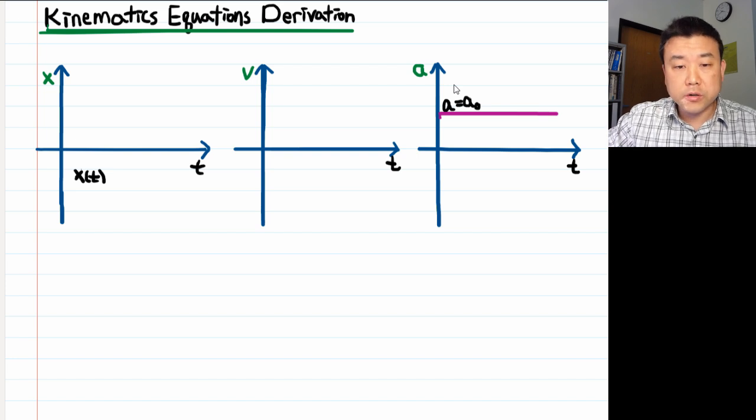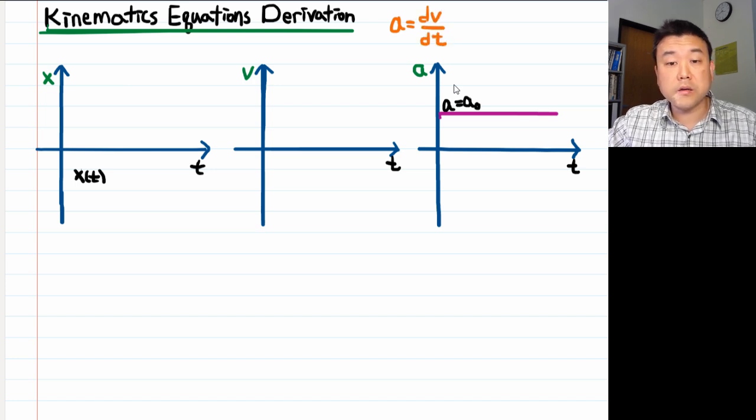So from your calculus class, you know that if your acceleration is related to the velocity through the derivative, then the reverse relationship is the antiderivative. That is, the velocity is the time integral of acceleration.